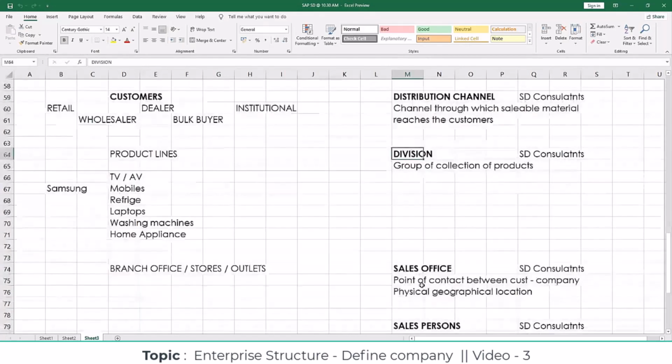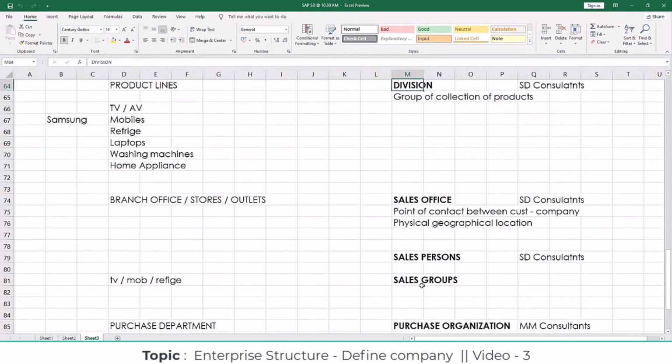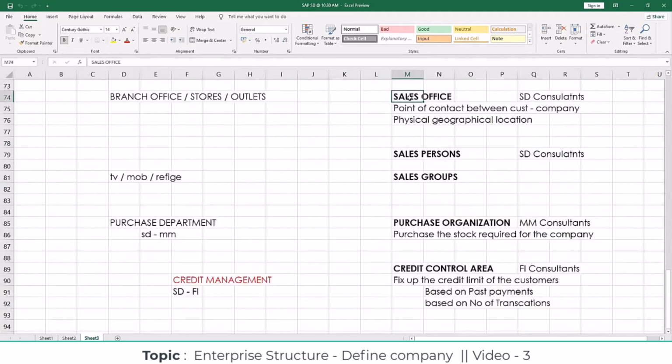And then we also looked at what you mean by a sales office, which is nothing but the point of contact between customer and the company. As a customer, if you're interested in purchasing any particular product, we basically go to the sales office for purchasing the stock. And then we also discussed who will be called a salesperson.